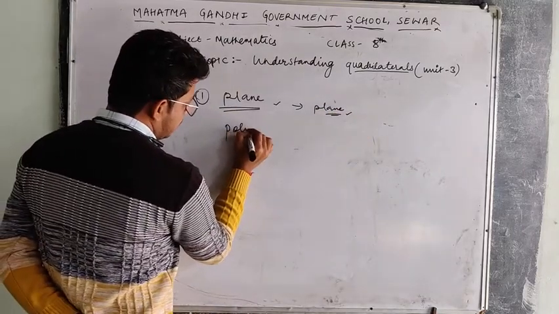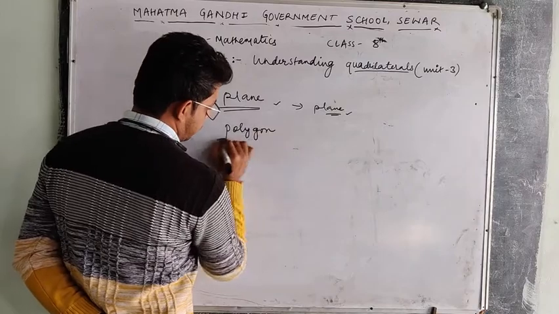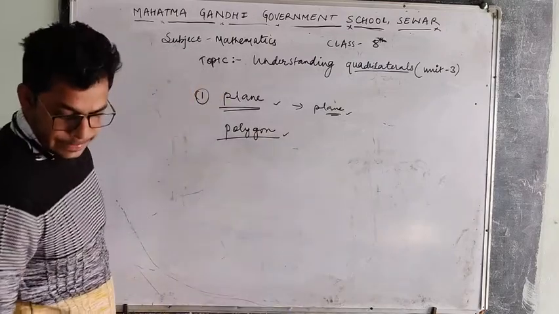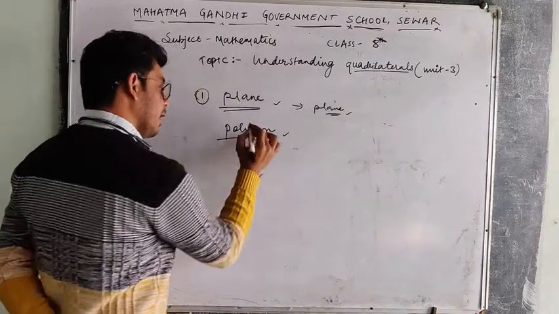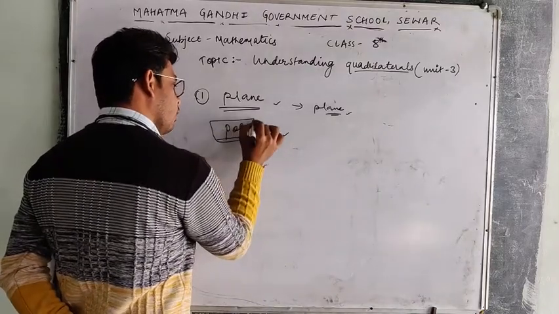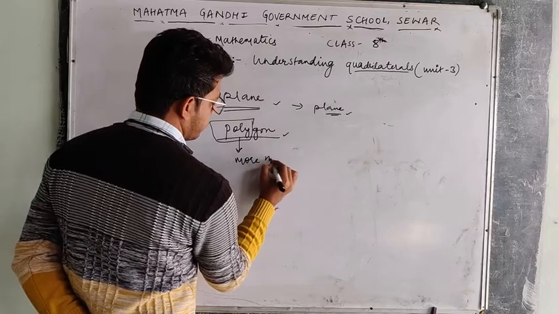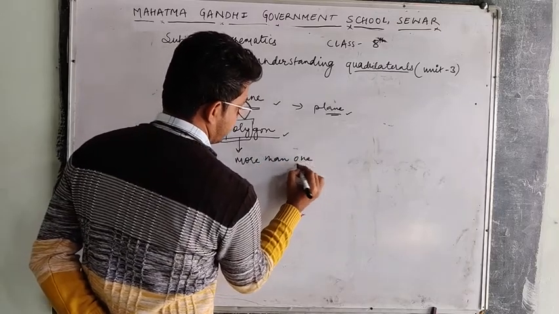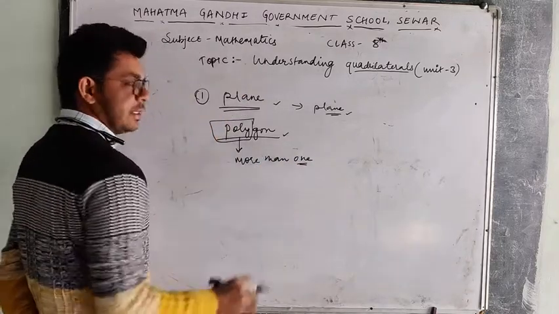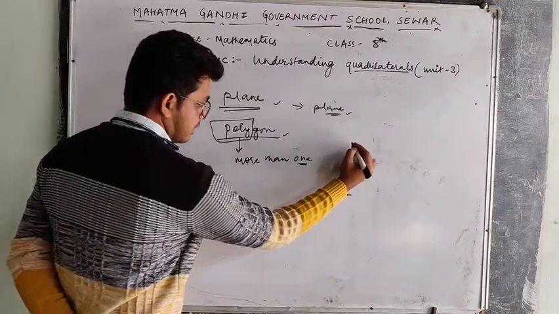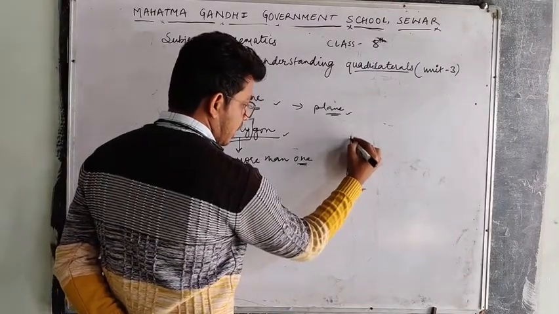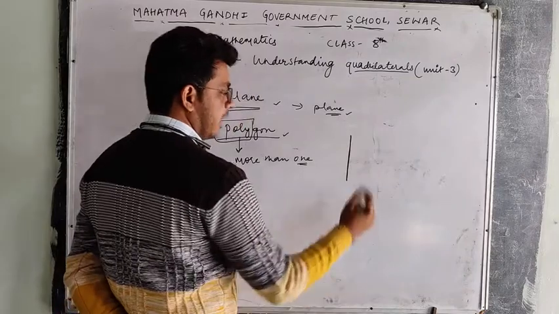Next comes polygon. As the name suggests, poly means more than one. Here we are discussing what is more than one: that is sides, that is lines, that is curves.